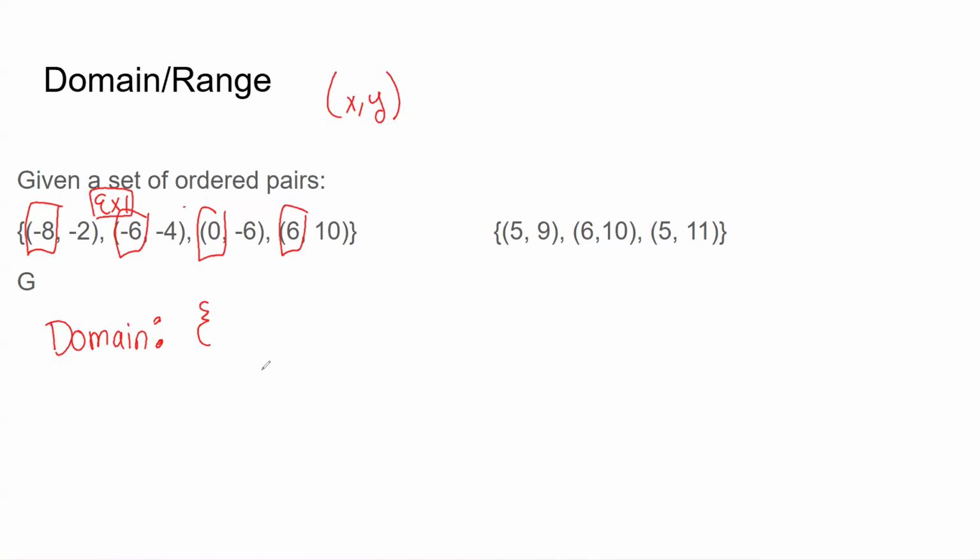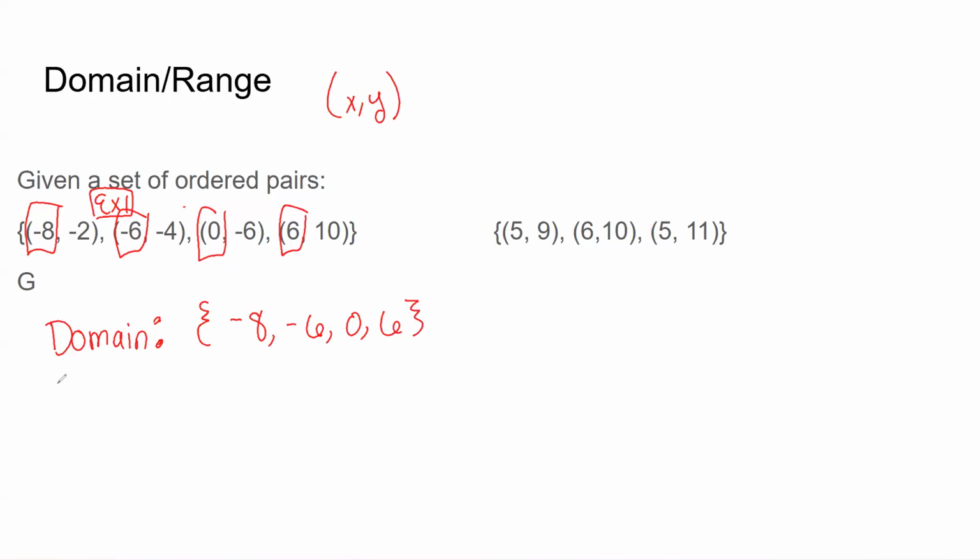So looking at the numbers I have in the red box, the smallest is -8. The next smallest is -6, then 0, then 6. So yes, I was nice and already had them least to greatest, but that will not always be the case. And that's it. Put commas in between because it's a list, and put your curly brackets because it's a set. It's a set of x values.